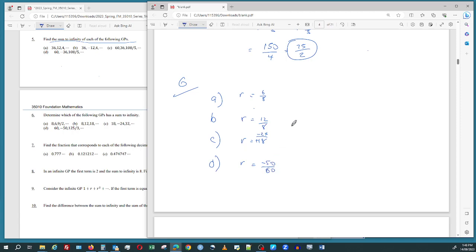There's a pattern in our sizing. 12 over 8 is greater than 1, so it does not exist. 24 over 18 is greater than 1, so it does not exist. Both of these exist. Okay, both of these exist. That's all we were asked to do for that particular question.